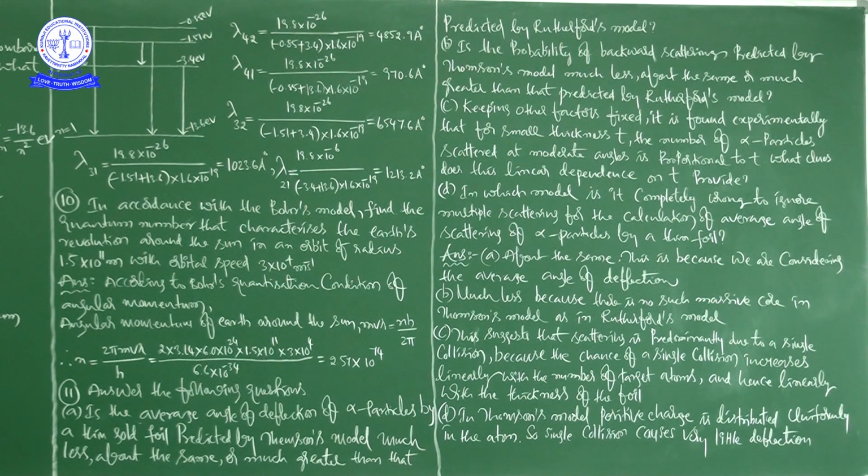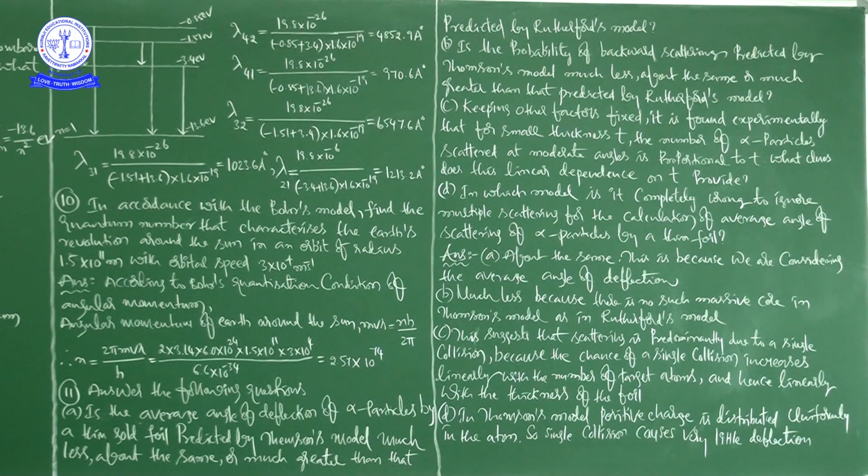Next one, the last one. In which model is it completely wrong to ignore multiple scattering for the calculation of average angle of scattering of alpha particles by a thin foil? I will repeat the question once again.